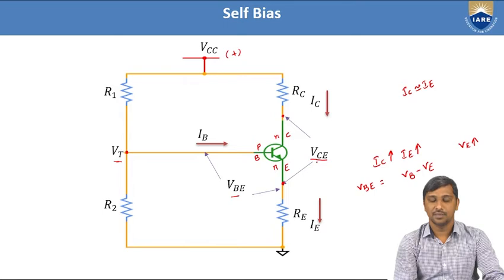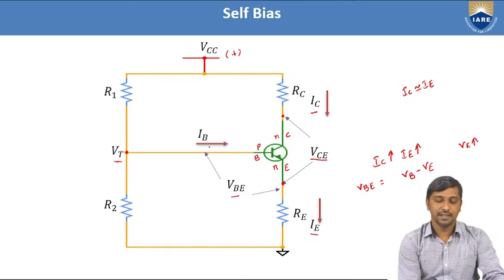Across the collector biasing resistance flows a current, represented as the collector current IC. Similarly, across RE flows the emitter current, represented as IE. On the base side flows the base current, represented as IB.